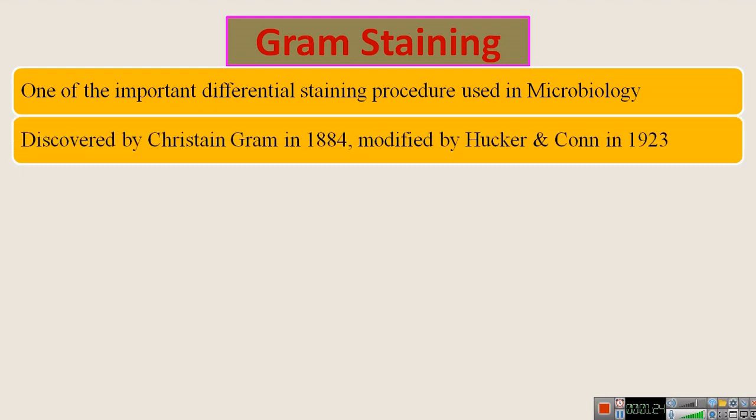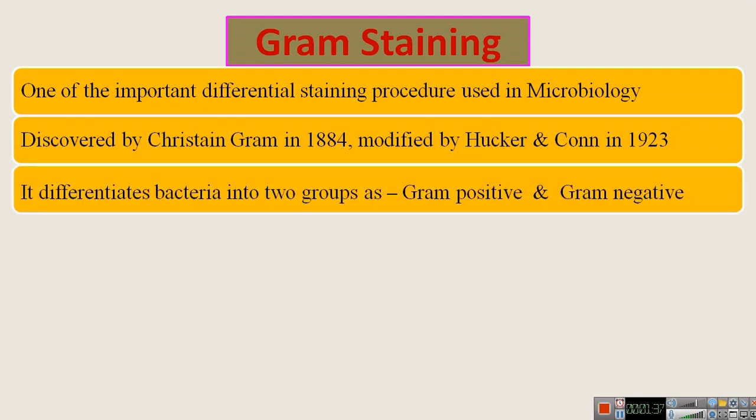The staining technique was discovered by scientist Christian Gram in 1884, but later on it was modified by Hucker and Conn in 1923. This staining procedure differentiates bacteria into two groups, just as I told you, that is Gram-positive and Gram-negative bacteria.